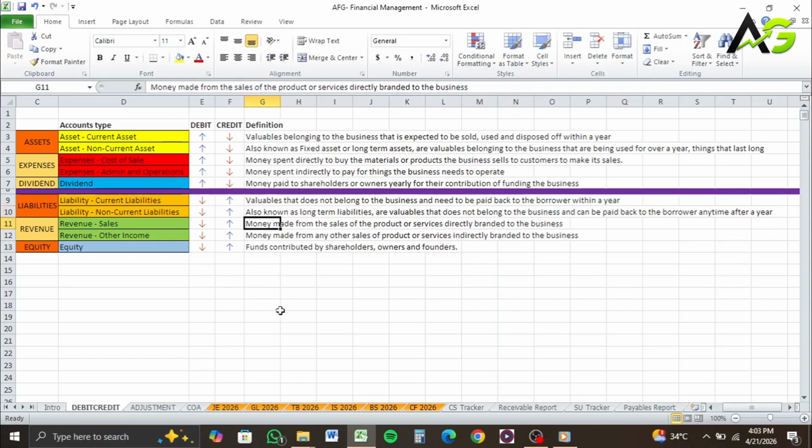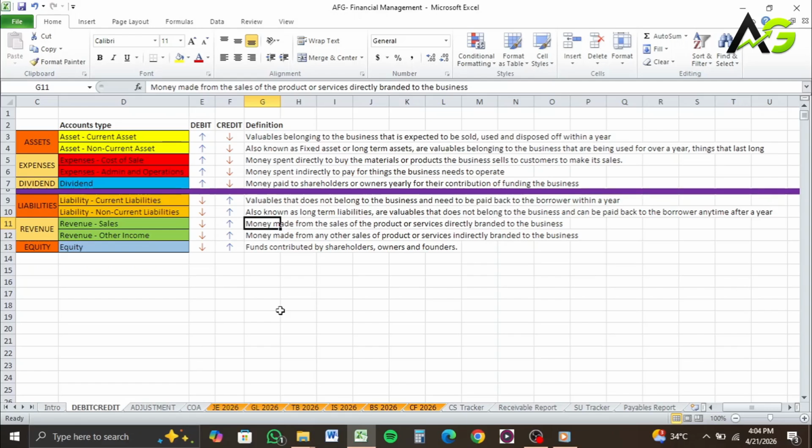Next, revenue: sales, money made from sales of the product or services directly branded to the business. For example, if you are working for a company, maybe Hisense, Hisense produces AC or other things that you see branded Hisense on them.